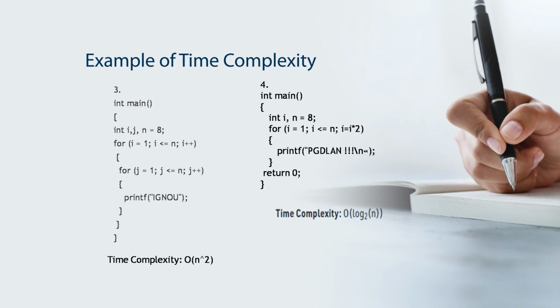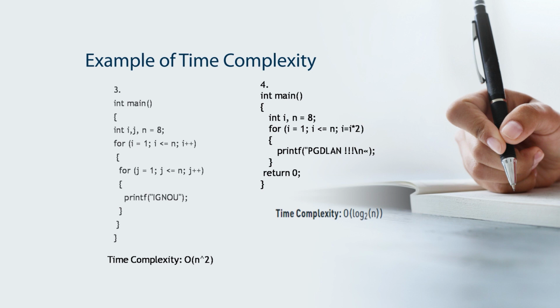In this fourth example, there is a for loop, but the incremented value is i equal to i square. So, every time the value will be squared. So, how many times will the printf line be printed? Here the jump statement is i square.